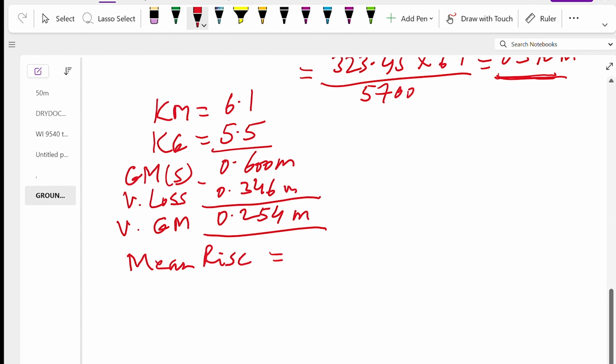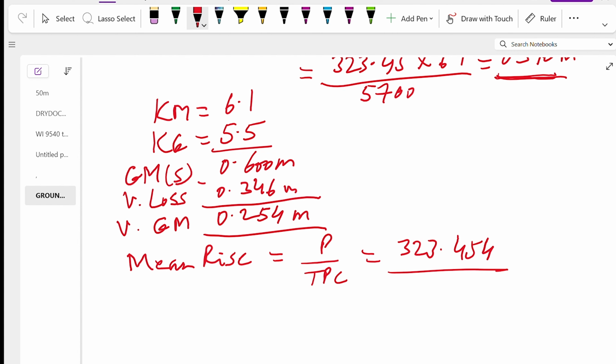Mean rise is P upon TPC, which is 323.454 upon 16. This will be in centimeters. So if I divide by 100, I will get in meters. 0.202 meters.